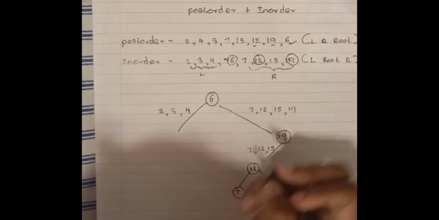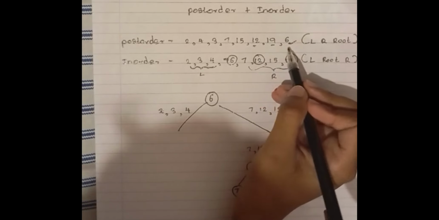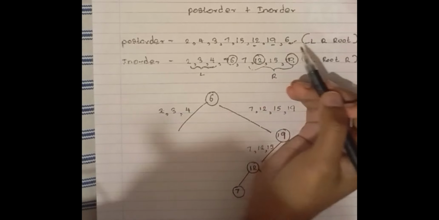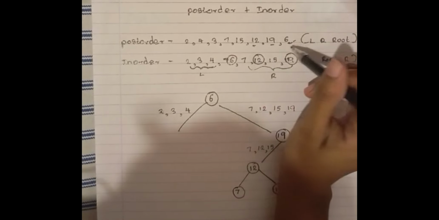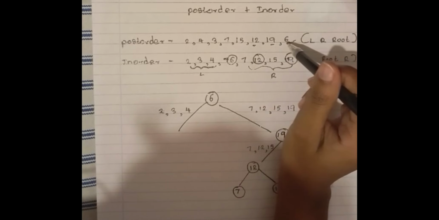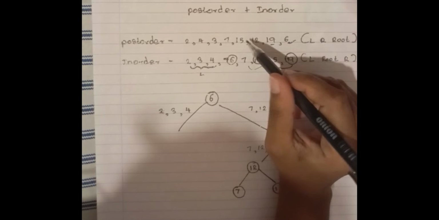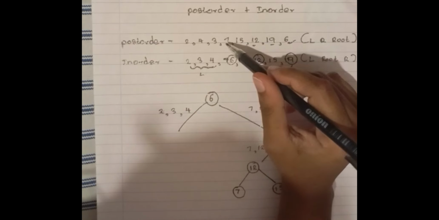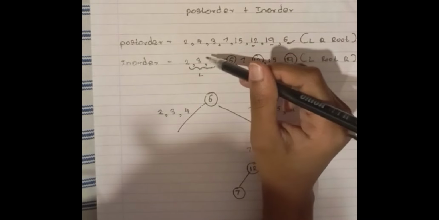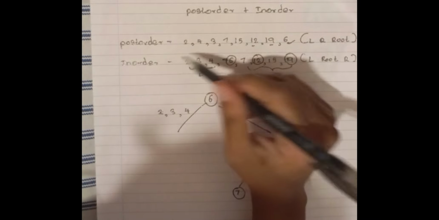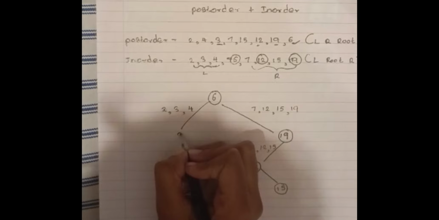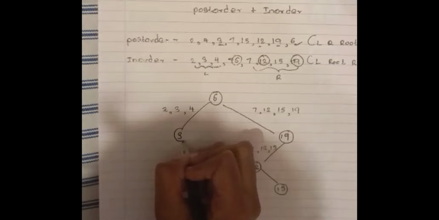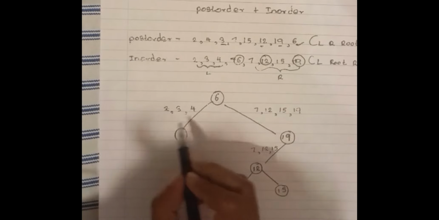In here we should find the root in Postorder. So let's move from the end: 6, 19, 12, 15, 7, 3, 4, 2. So 3 is the root in 2, 3, 4.